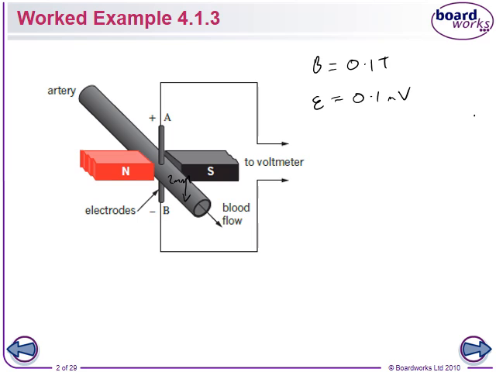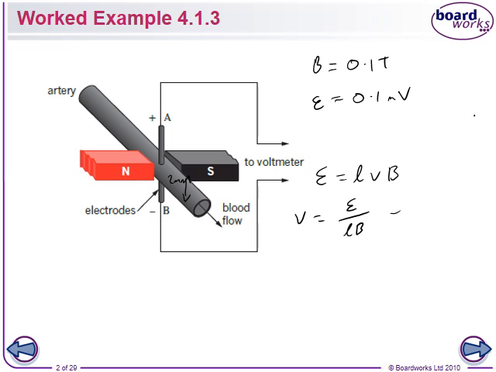Okay, so from our equation previously, epsilon equals LVB. What are we looking for? We want V. So if we rearrange this, V is going to be equal to epsilon divided by LB. All right.